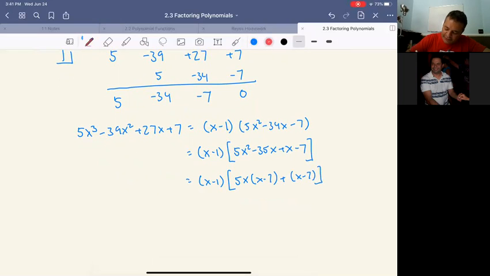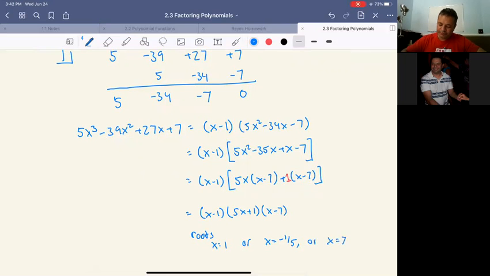Remember, even though it's not written, there's a 1 implied there. So we get x minus 1, 5x plus 1 times x minus 7. So what are our roots? x equals 1, x equals negative 1/5, or x equals 7.